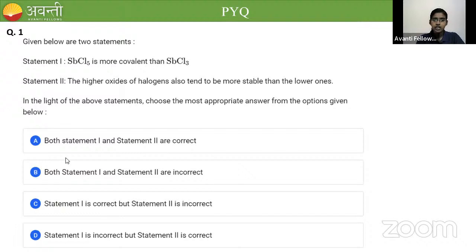We have to find the most appropriate answer from the options given below. I'll give you 30 to 45 seconds to solve this question. If you have got the answer within that time limit, put it in the chat box. Then we will discuss.